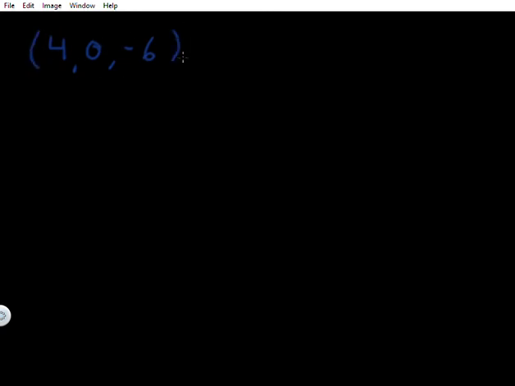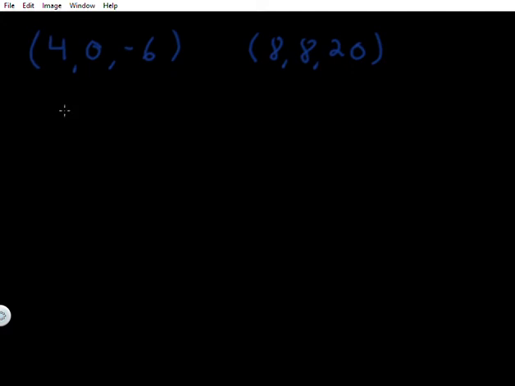Then we have another point given by (8, 8, 20). And I want to find the midpoint between these 2 points. I want to find a point such that the distance from that point to each side is the same. I want to find the middle of a line that's connecting them.